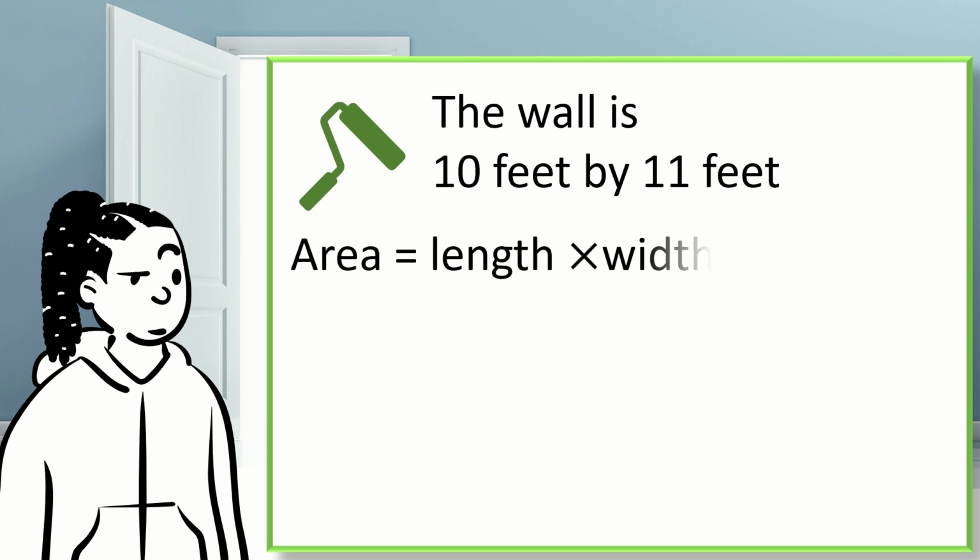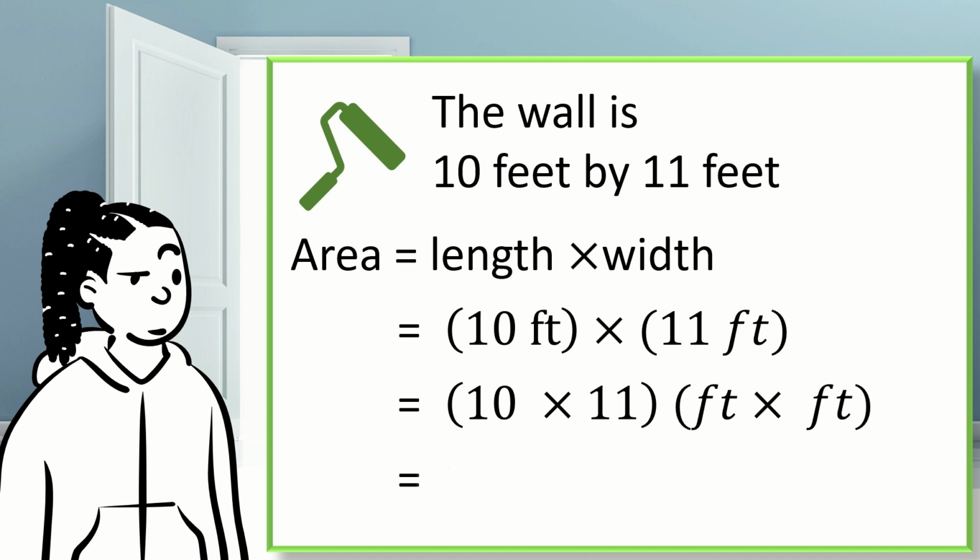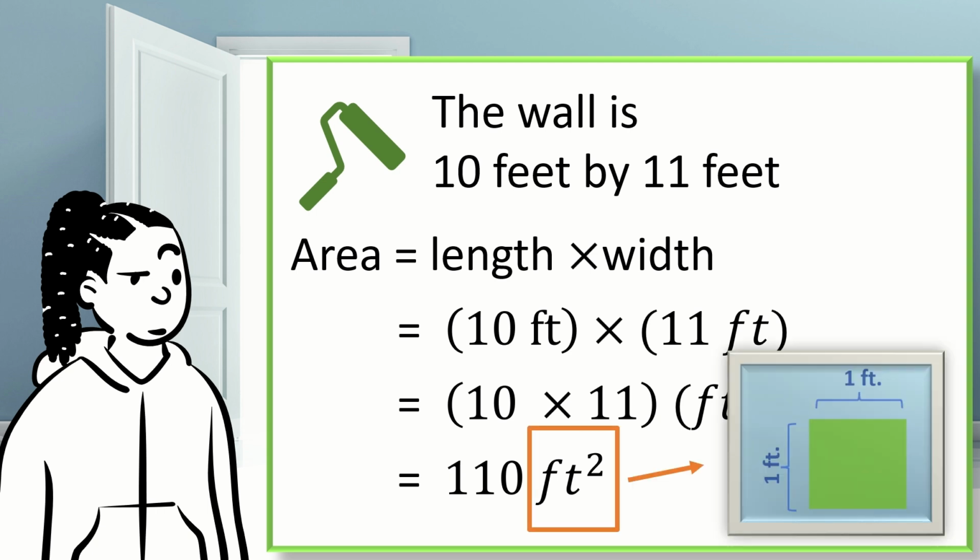Well, the area is the length times the width. In this case, 10 feet by 11 feet, which results in 110 feet squared. And I read it like that: 110 feet squared. Although we now know, looking at that unit, hey, that's the same as this 1 foot by 1 foot square of green paint.